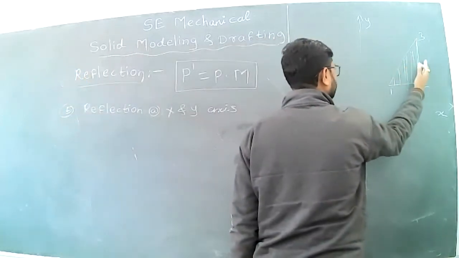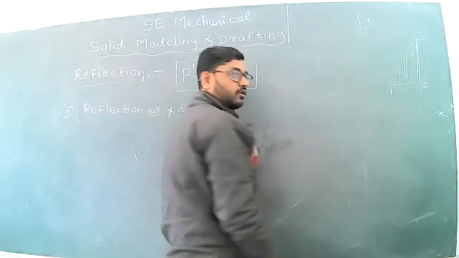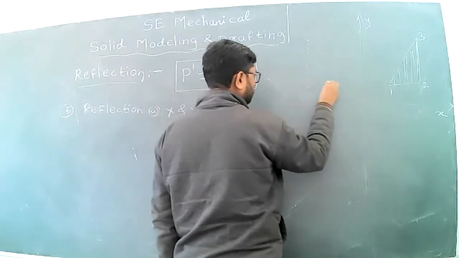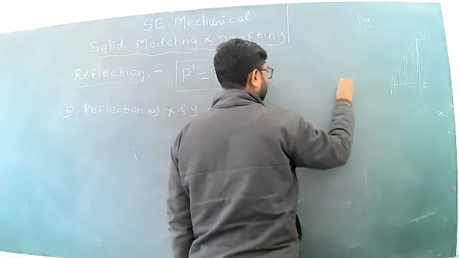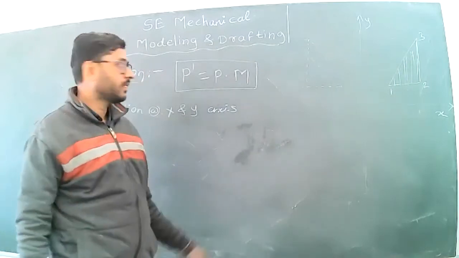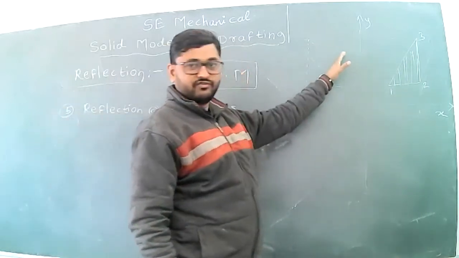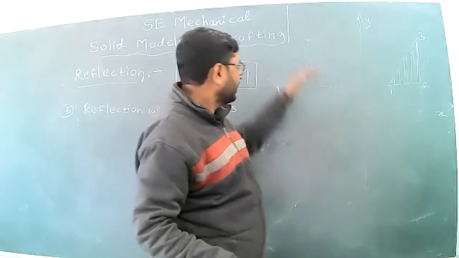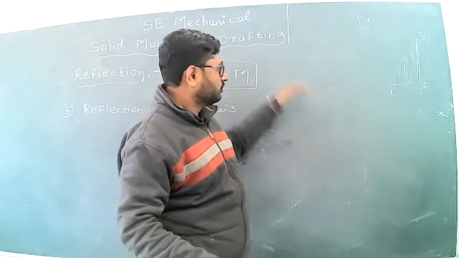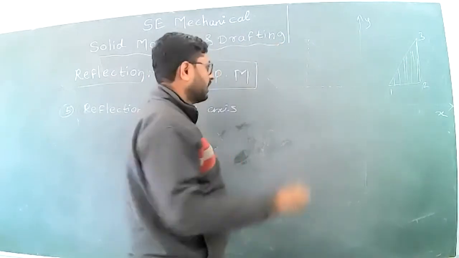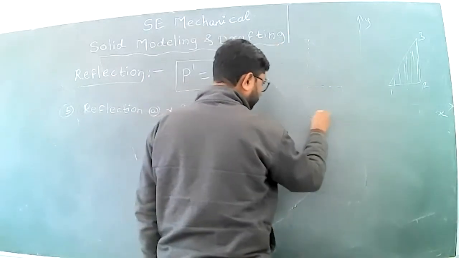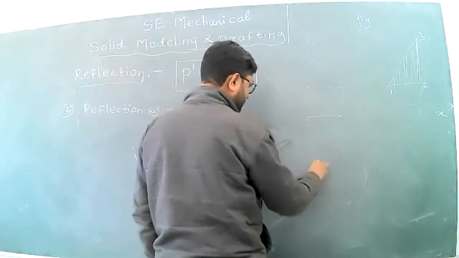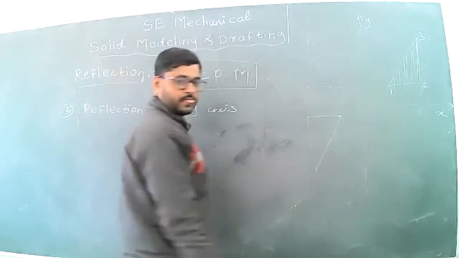In the first case, we reflect this triangle about the y axis. And again we reflect the triangle about the x axis, and finally our triangle is reflected about the x axis like this.